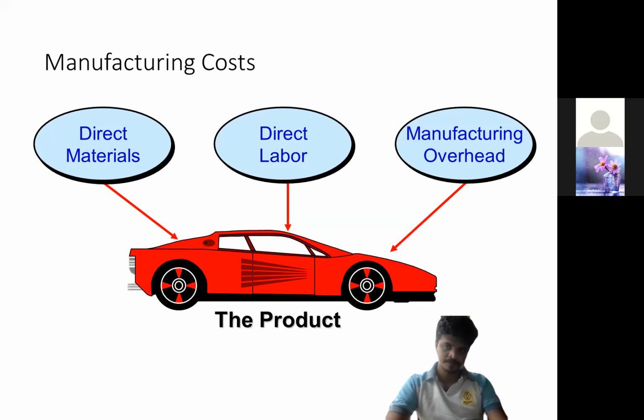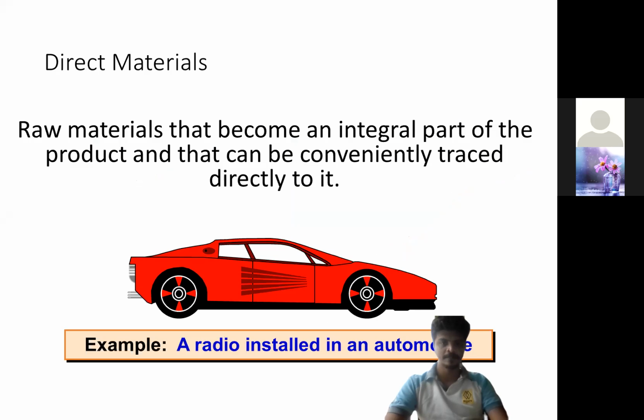So let's come to manufacturing overhead after discussing the direct material cost. Direct materials become an integral part of the product and can be conveniently traced directly to it.